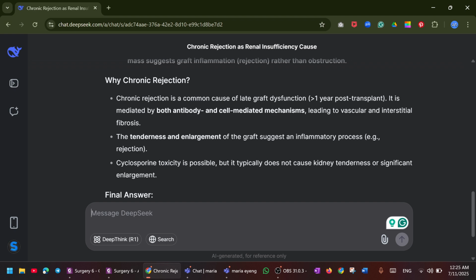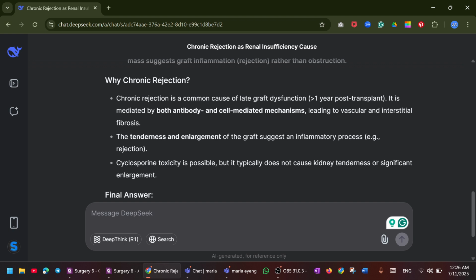Let's evaluate the options in context. Chronic rejection involves a slowly progressive decline in graft function, leading to fibrosis and vascular changes, with a gradual rise in creatinine. However, the presence of a tender mass is less typical for chronic rejection itself, although rejection can lead to kidney swelling. Differentiating chronic rejection from CNI toxicity often requires a biopsy.